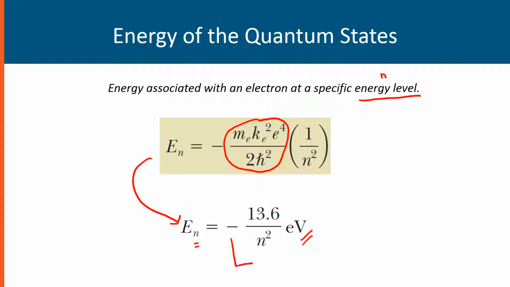The negative sign here tells us that the electron is bound with the nucleus, since the nucleus is positive, so the electron is bound with the nucleus.